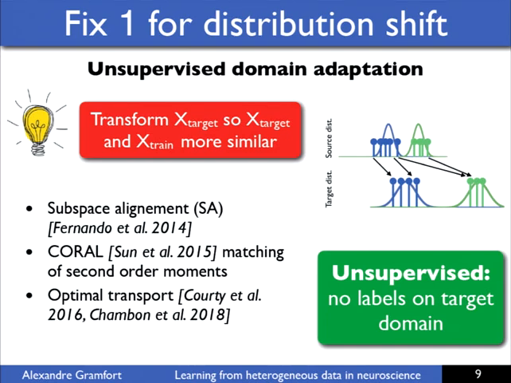You can find an optimal subspace that prevents you from saying that the distributions are coming from a different source. So find a representation in which you cannot say anymore if the data is coming from source 1 or source 2. You can also try matching of moments. This is what we call the CORAL method, that is matching second-order moments. And recently there have also been a lot of efforts using optimal transport to move this distribution and to address this problem of shifts.